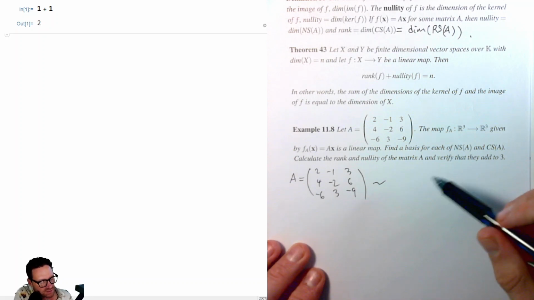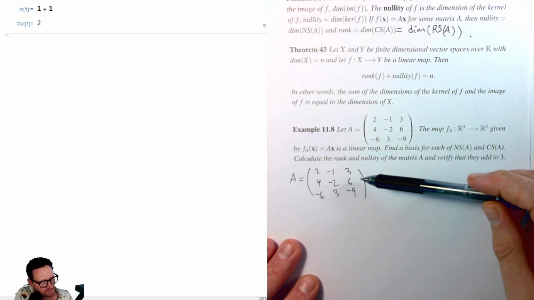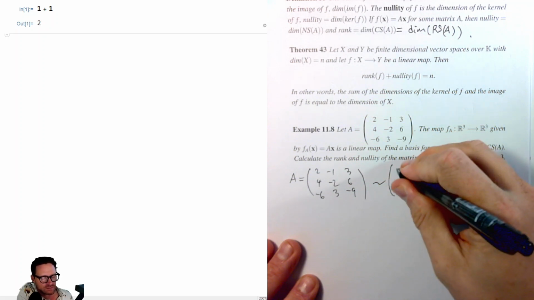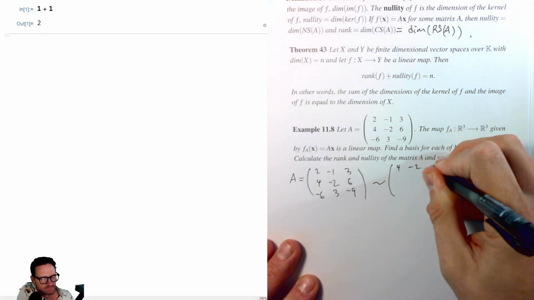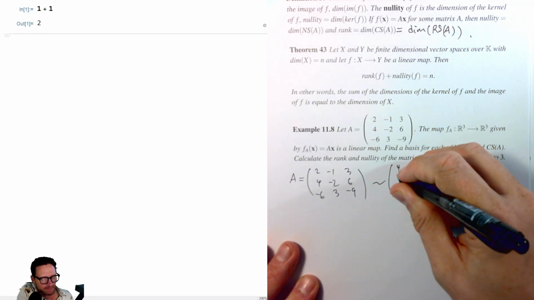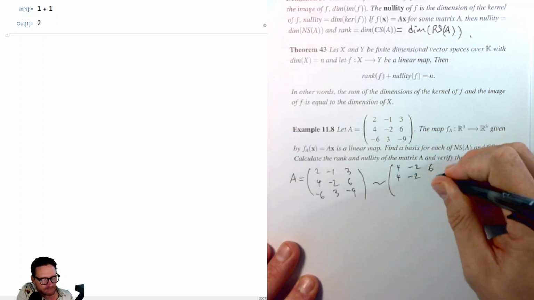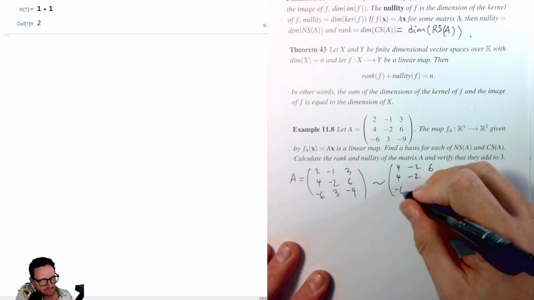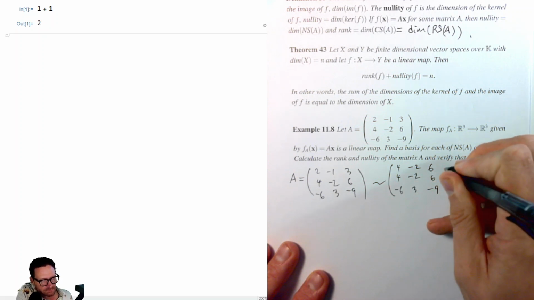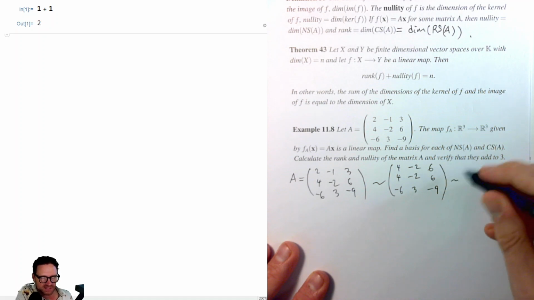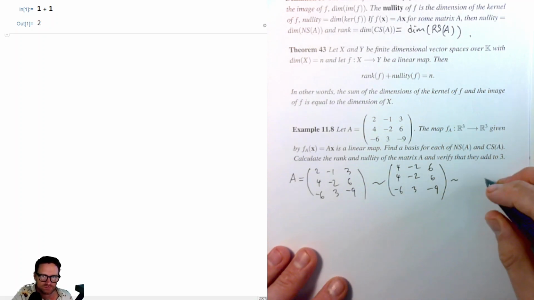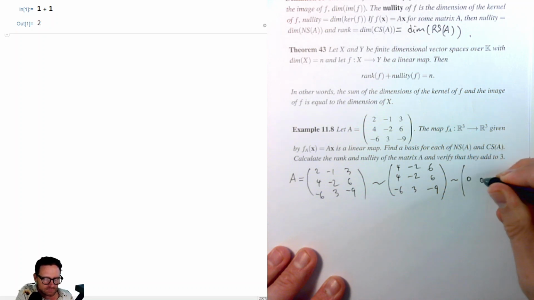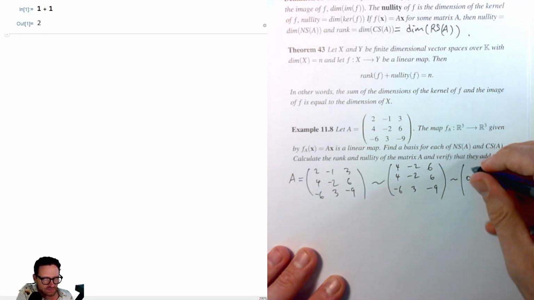So what we want to do here is multiply the first row by 2. And then we will replace row 2 with row 2 minus row 1. You can see they're identical.